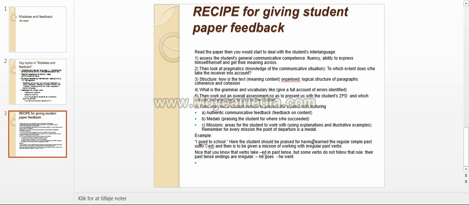Next thing is then to look at whether the paper has what we call signposting, that is language used to tell us how the sentences hang together. And there are lots of such tricks here.